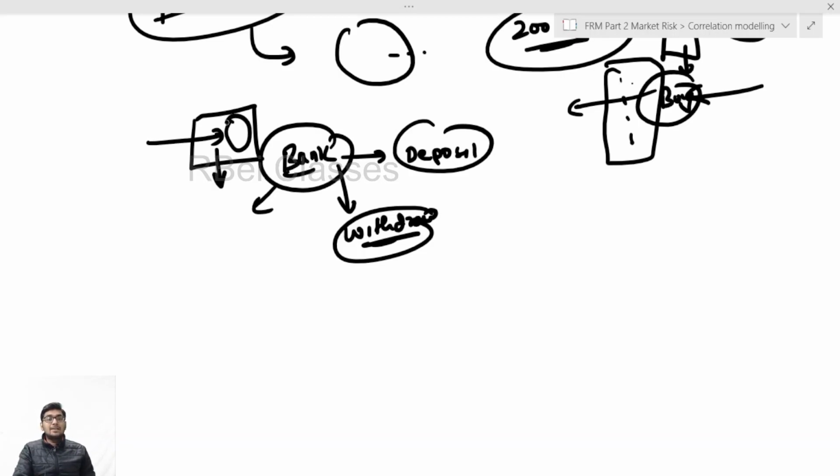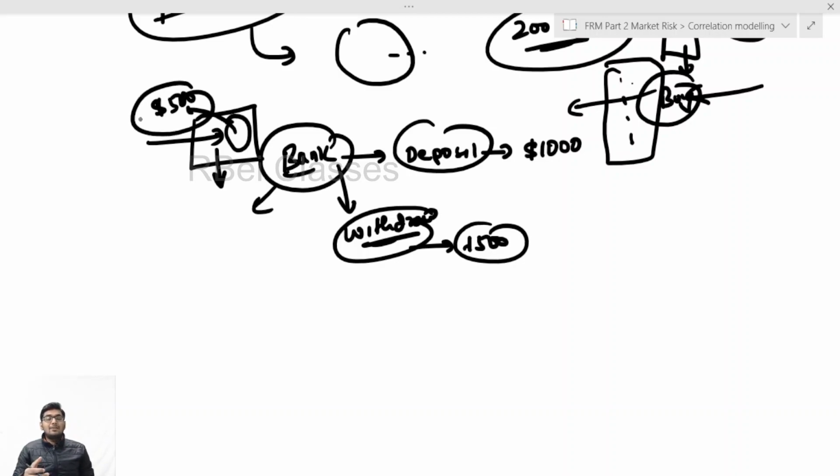Clear? And accordingly they maintain reserves. Suppose they estimate that today there is a deposit of $1,000 and a withdrawal of $1,500. In this situation they will keep reserves of $500. Clear? So they have these types of models where there is no liquidity crunch in the bank. When people visit the bank to withdraw money, they can get the money. Clear? These all are covered under liquidity risk.